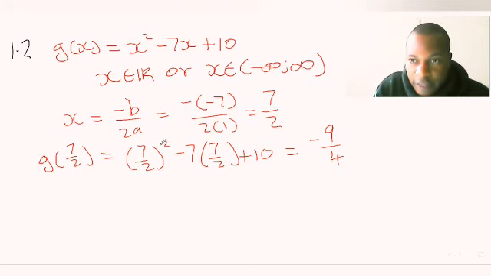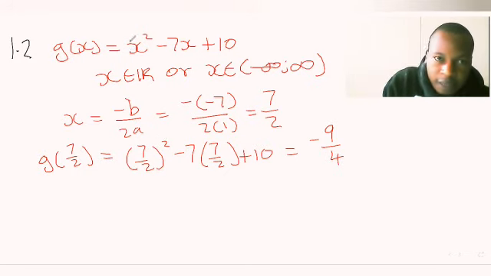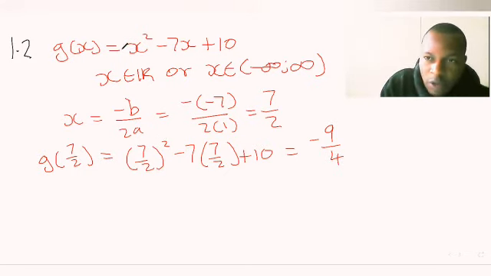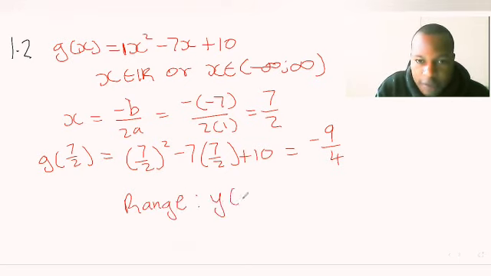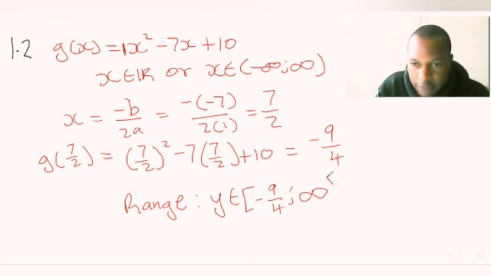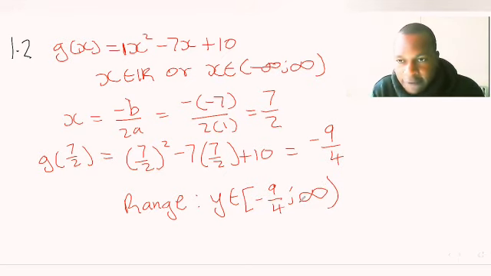Now the range would be, remember that we are dealing with a concave up, so that's a positive a over there. So the range would be y is an element, the minimum. You include the minimum, and you don't include the maximum, which is the infinity sign.